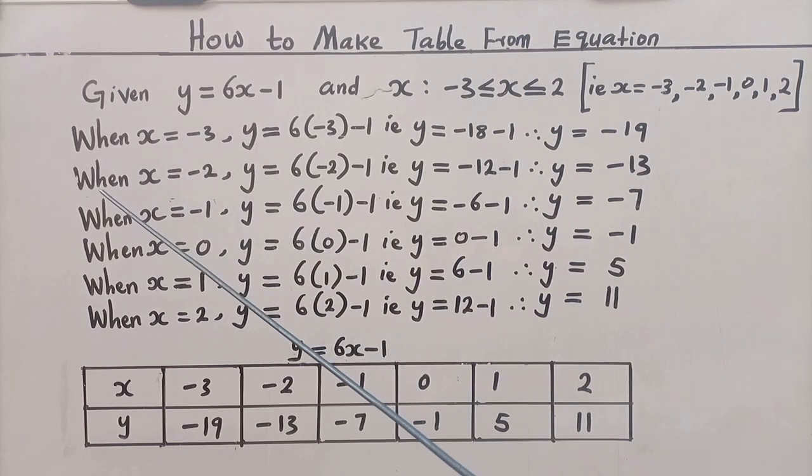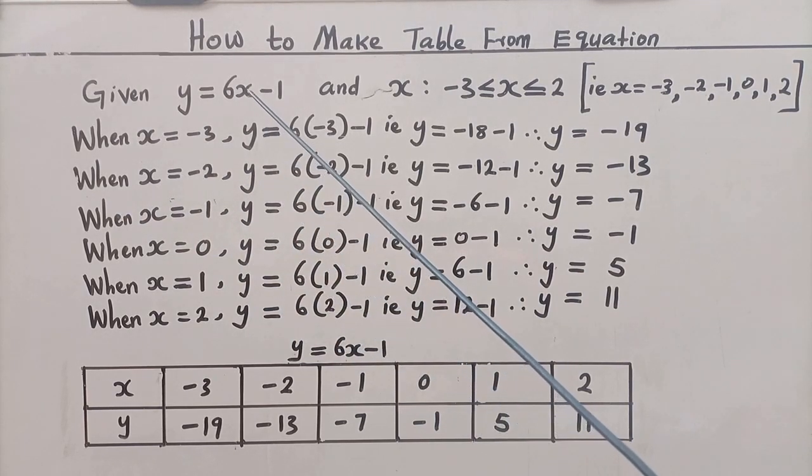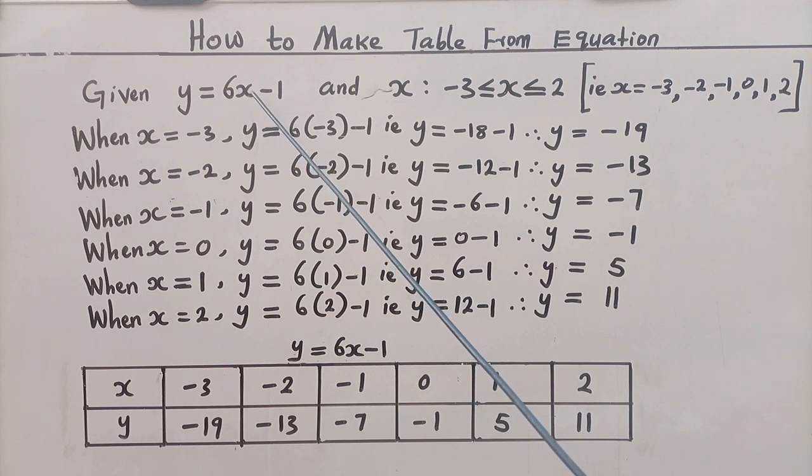Next, when x is equal to minus 2, that is, no longer is x equal to minus 3. It is now equal to minus 2 because we are through with this minus 3. We're now going to go to this minus 2. See it here. When x is minus 2, just replace this x here with minus 2. That is what I have done here.